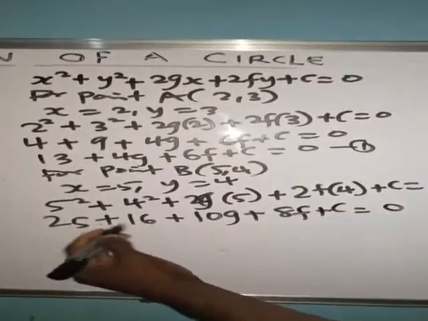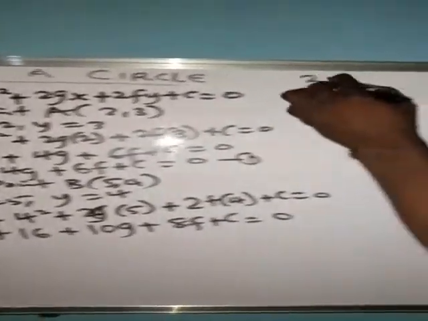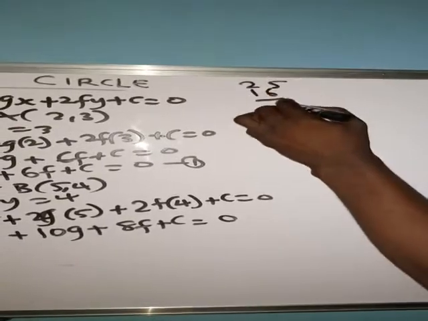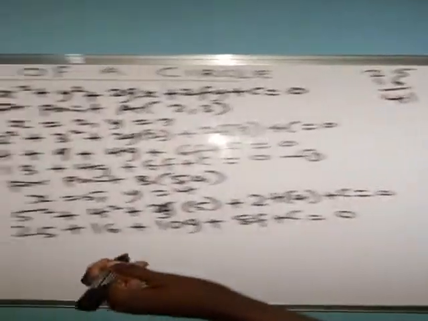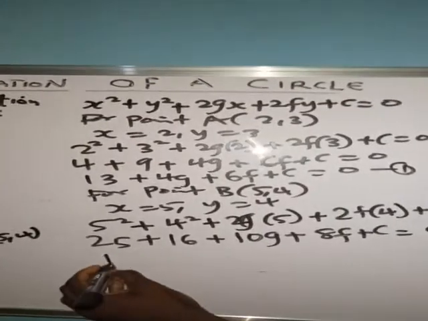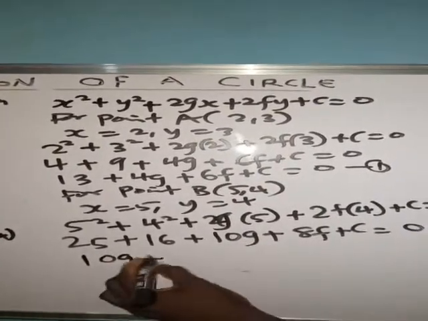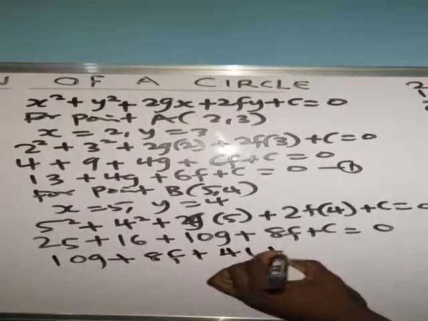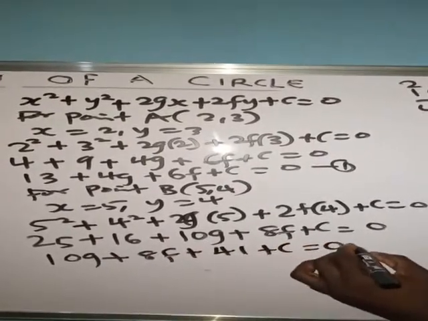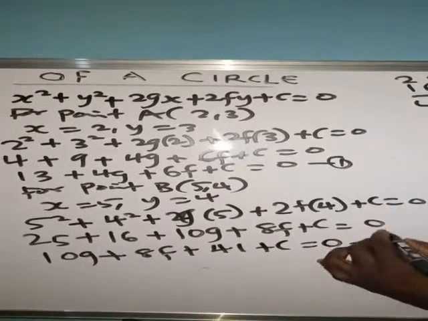So 25 plus 16 is 41. So we have that 10g plus 8f plus 41 plus c is equal to 0. This is your equation 2.